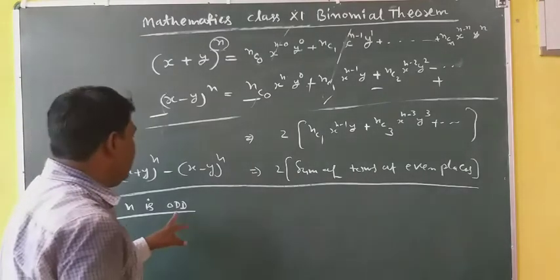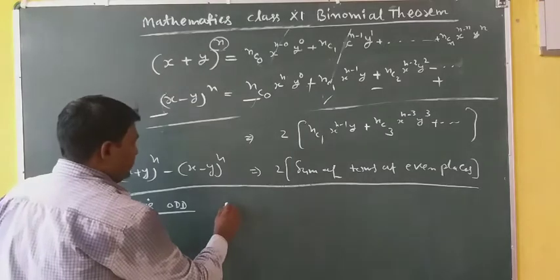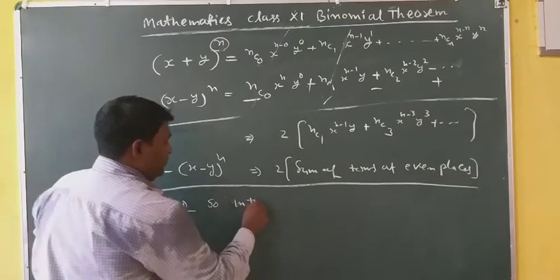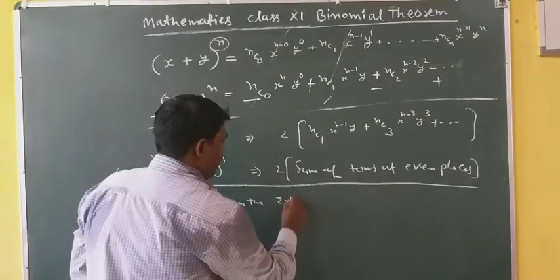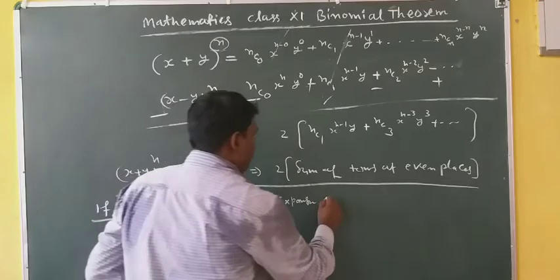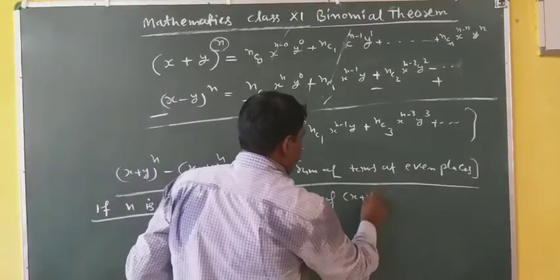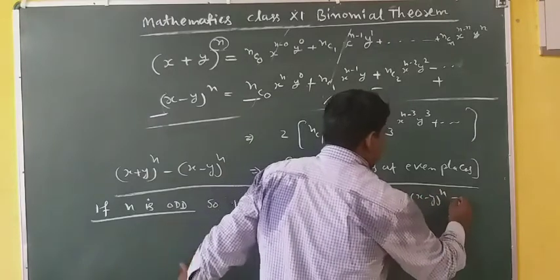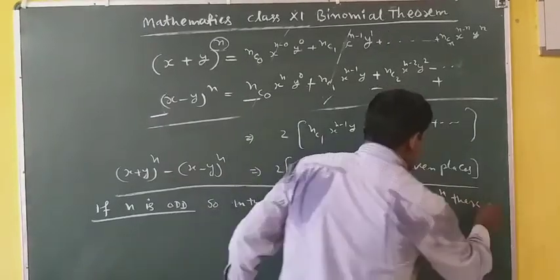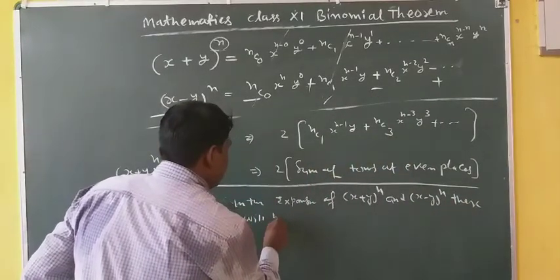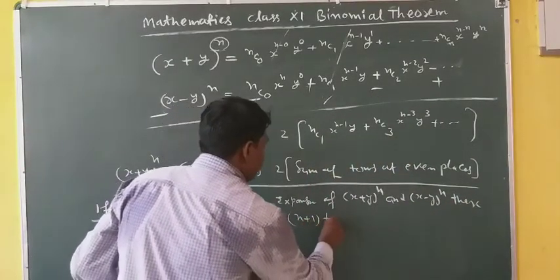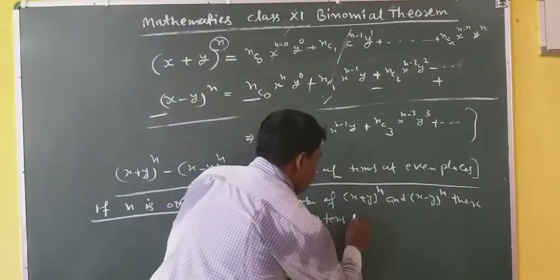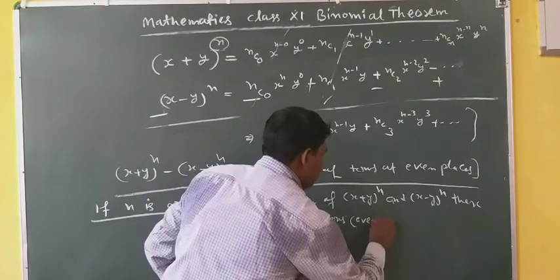If n is an odd number, then in the expansion of (x plus y) power n and (x minus y) power n, there will be n plus 1 terms, and since n is odd, n plus 1 will be an even number.